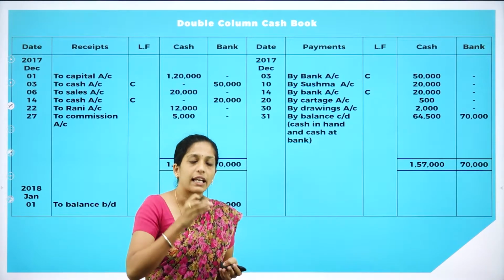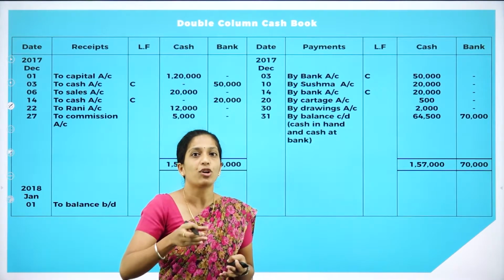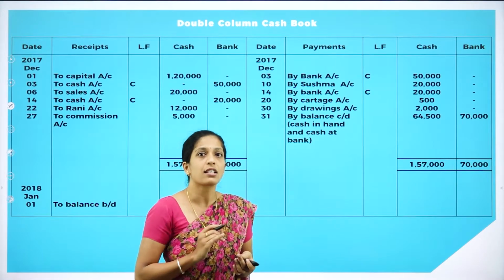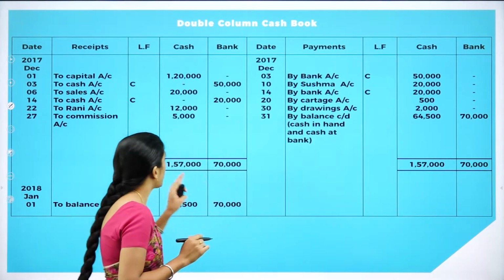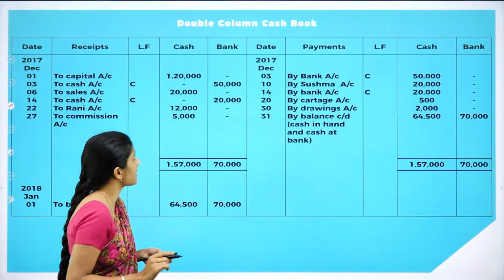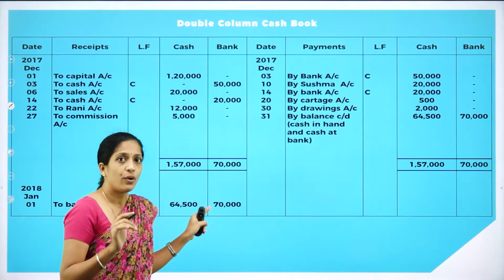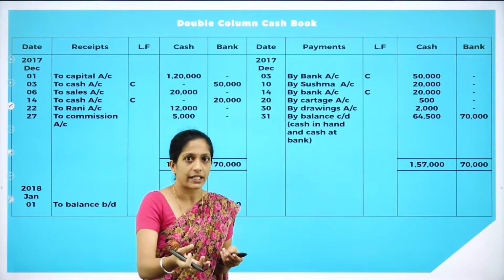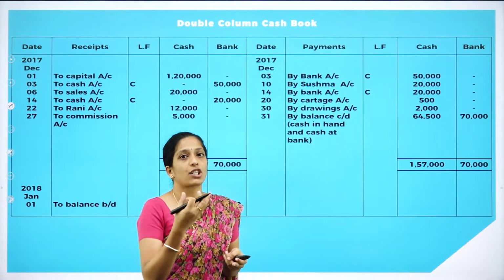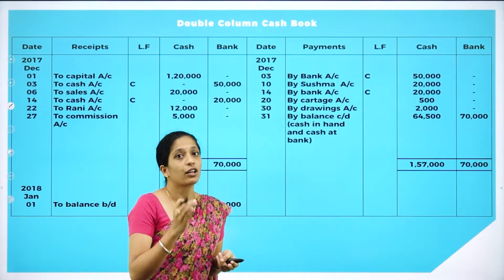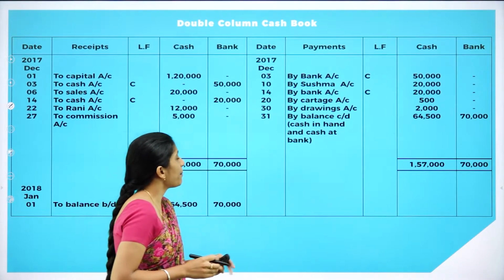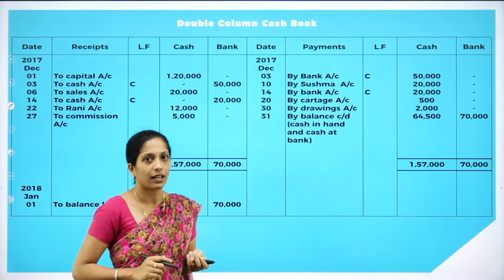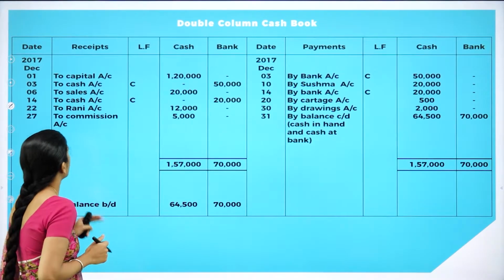If a cash account and bank account come together in one particular entry, that entry has to be written as a contra entry, denoted by capital letter C. We have two columns, one to record the transactions that have taken place in cash and one for those in bank or cheque. Next, under the payment side also: date, payment, ledger folio, cash and bank. Now we shall begin the solution.